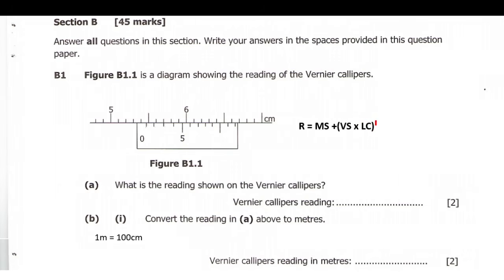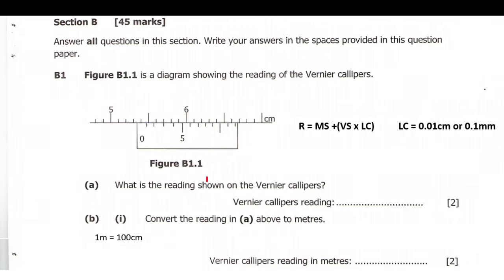So least count is the smallest size that a particular apparatus can measure. It can be mass or length. So the smallest size that a Vernier caliper can measure when it is in centimeters is 0.01 centimeters. When it is in millimeters, it is 0.1 millimeters.